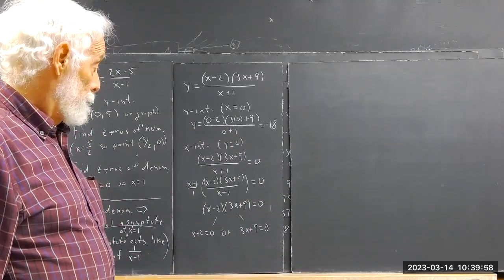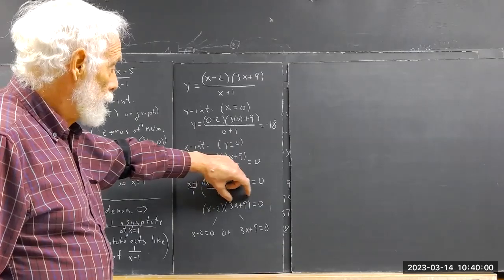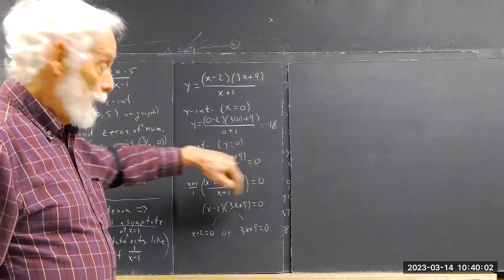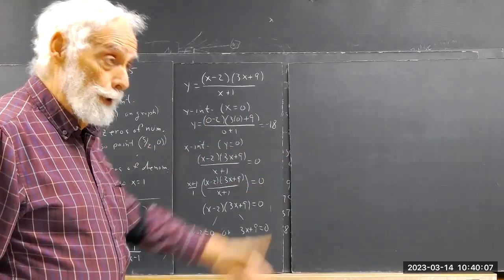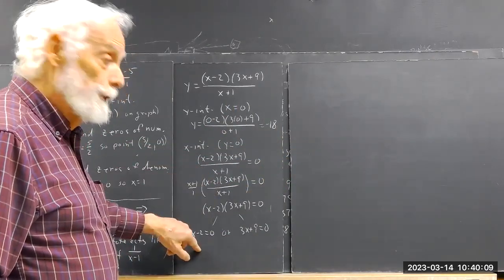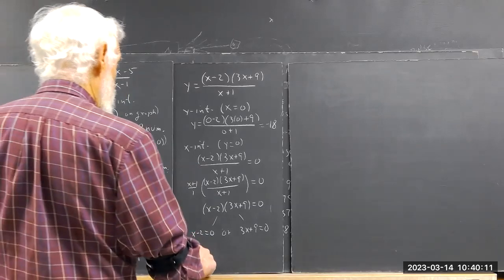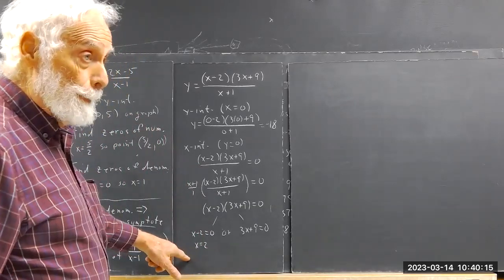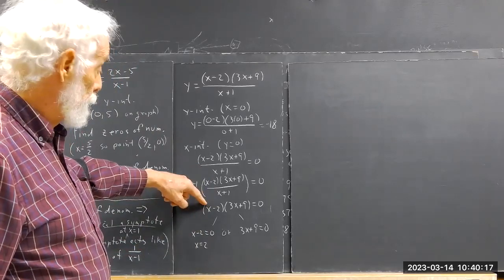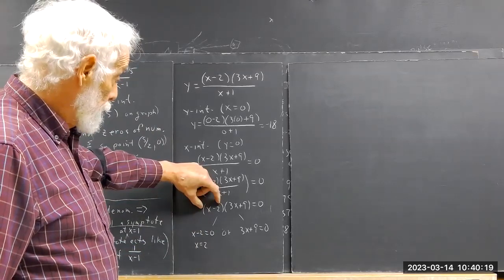Okay. If a product of things is 0, then any one of those things could be 0, and that would make the whole thing 0. So x minus 2 could be 0, meaning that if x equals 2, you're going to get 0. And you can plug that back in. If you plug in x equals 2, you're going to get 2 minus 2. That's 0.